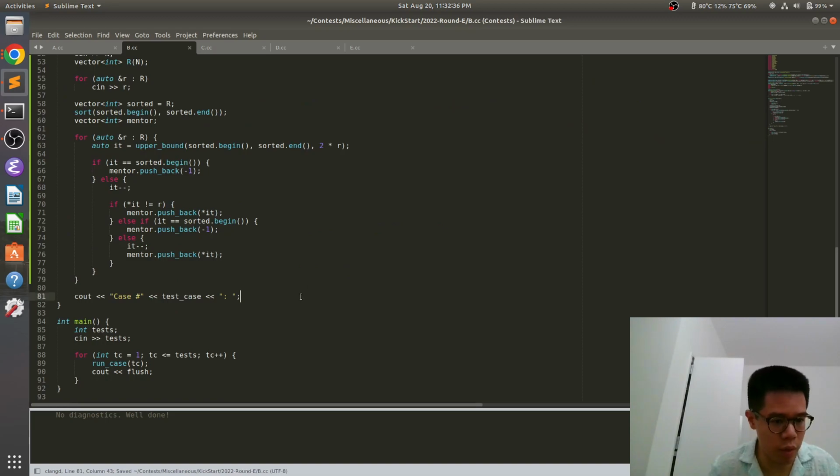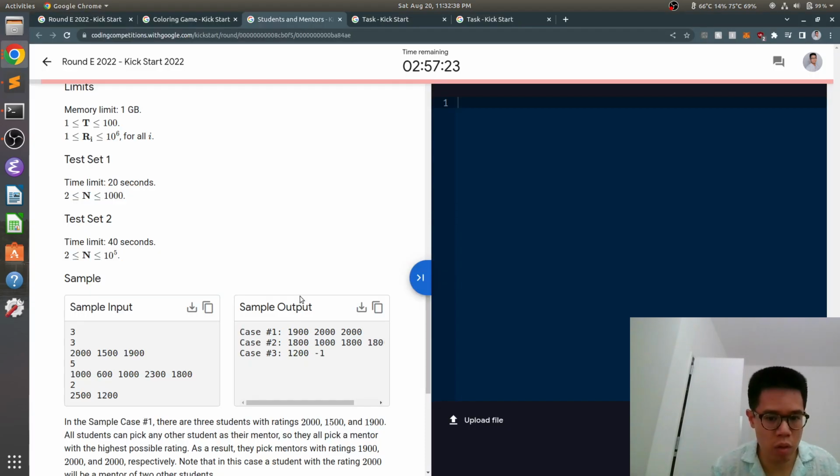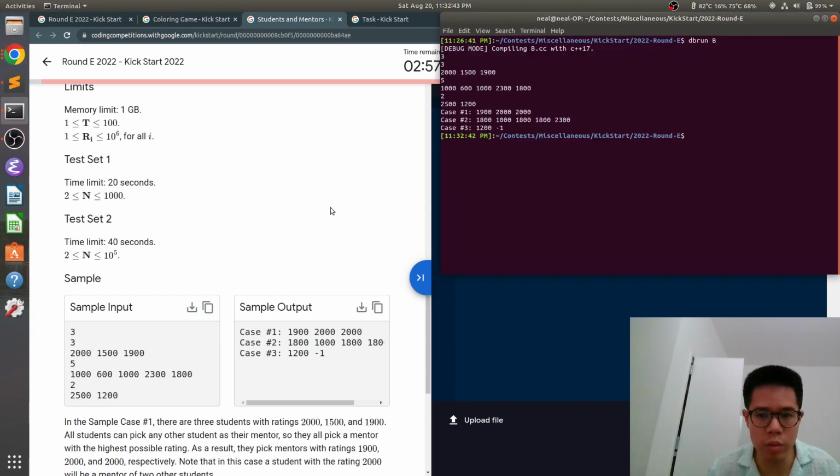I think we just outward vector mentor. The way I did this is a little bit weird, but I think it works.